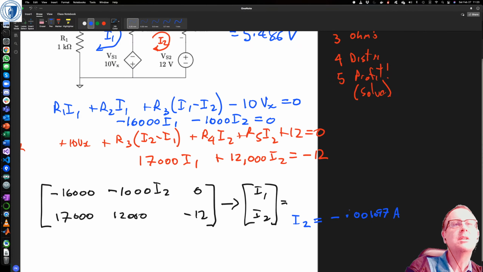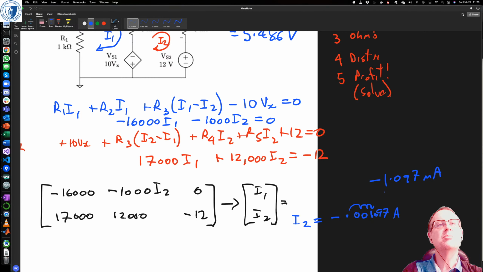I would tend to put that in terms of milliamps. I'd make it minus 1.097 milliamps, just because I prefer not having so many leading zeros in the number, but that's okay.